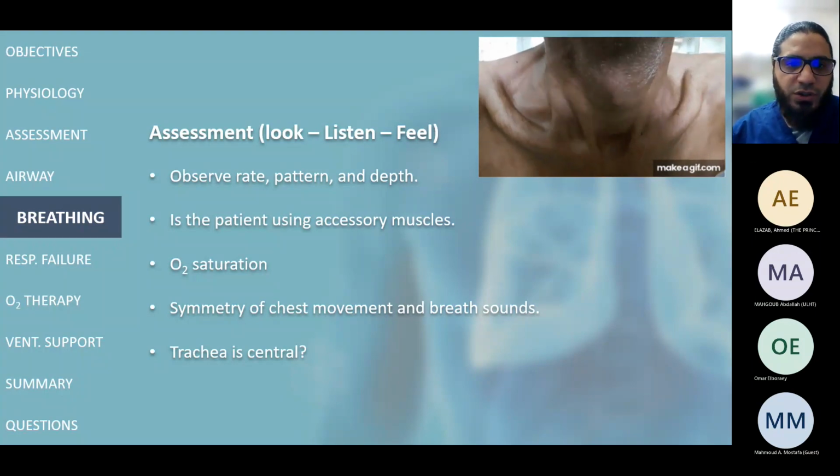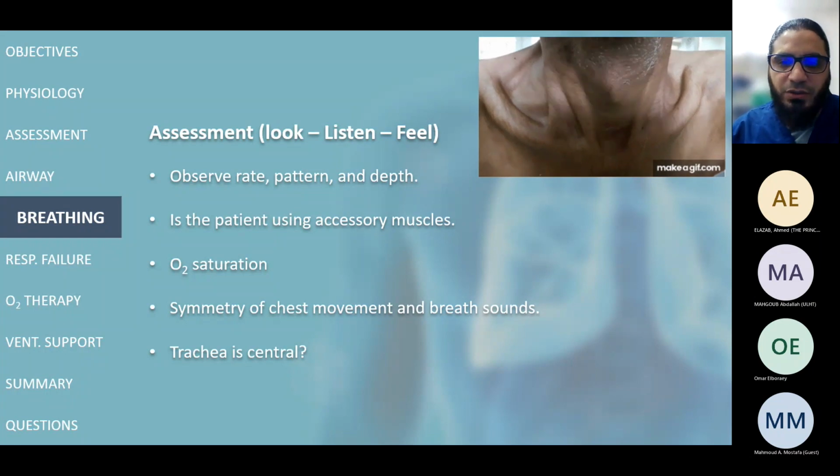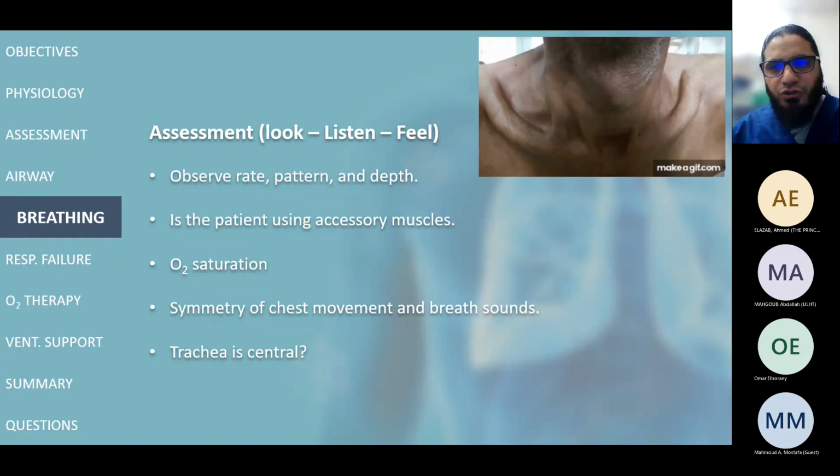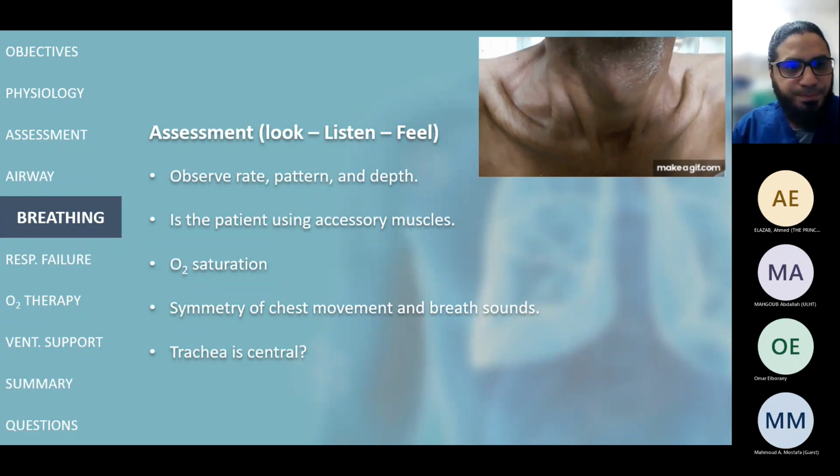Check the oxygen saturation, examine the chest, auscultate the lungs for any added sounds or any asymmetry in the chest movement. Check if the trachea is central, because deviation can be a sign of a big pneumothorax or a massive lung collapse.